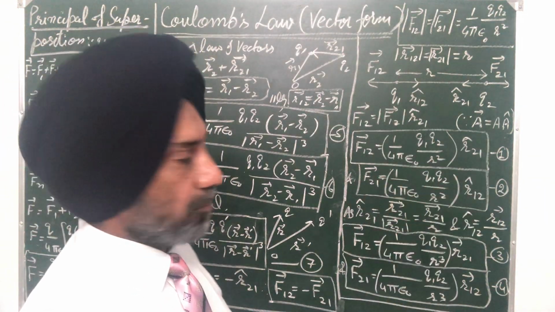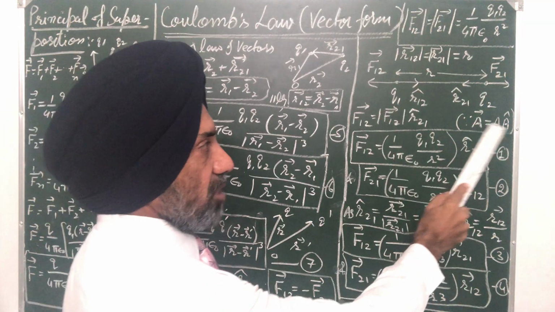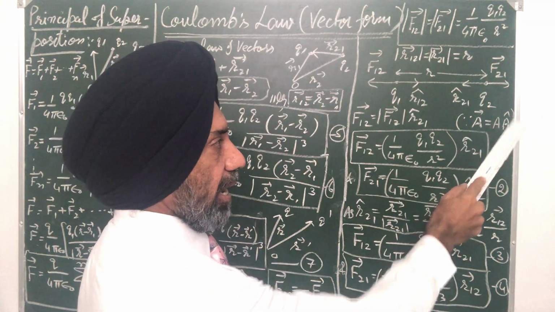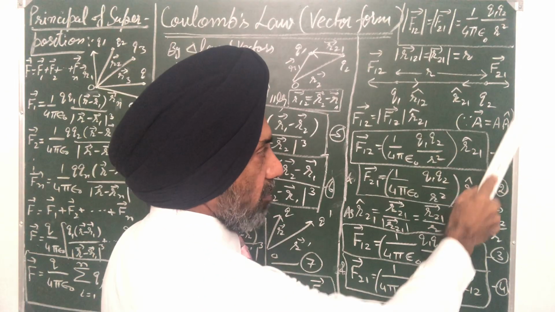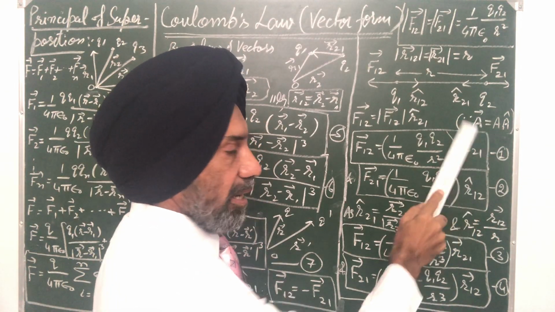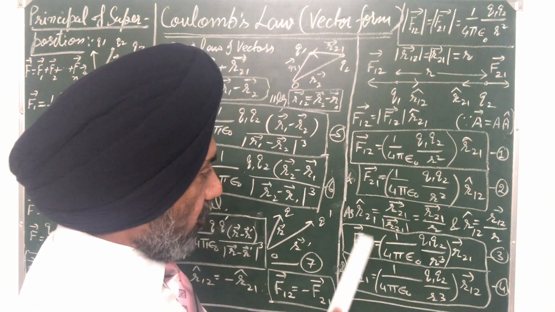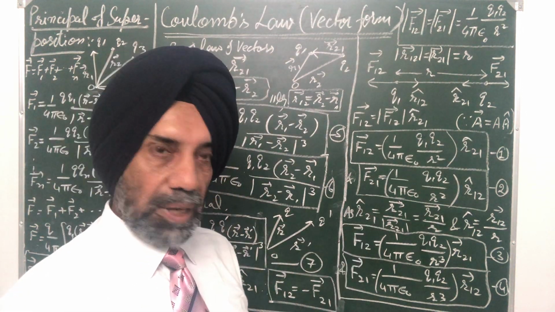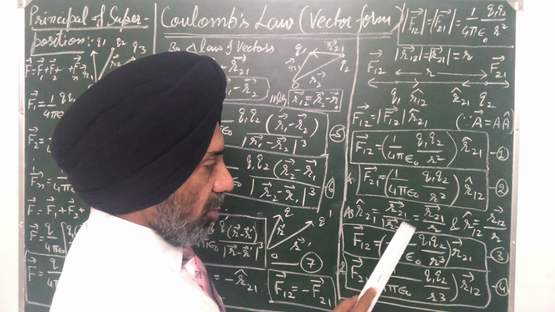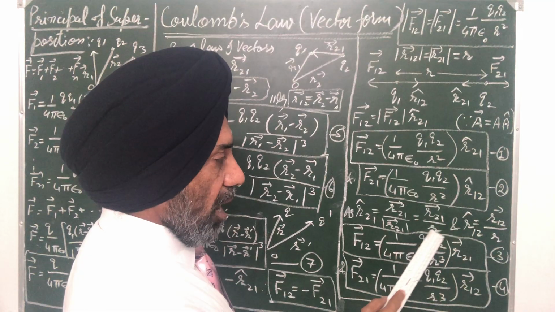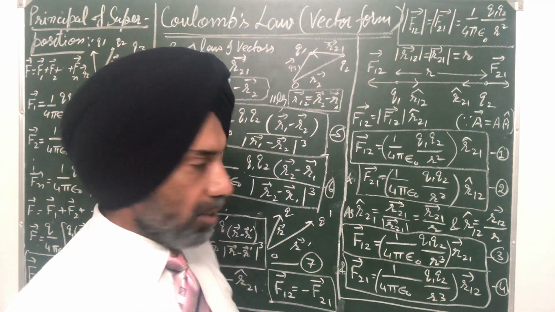But the directions are different. So again, by using the same definition of unit vector, a unit vector is given by the vector divided by its magnitude, that is, A cap is equal to A vector divided by its magnitude. Therefore, R21 cap will be equal to R21 vector upon R21 mod, or R21 vector upon R, because R21 magnitude is equal to R.